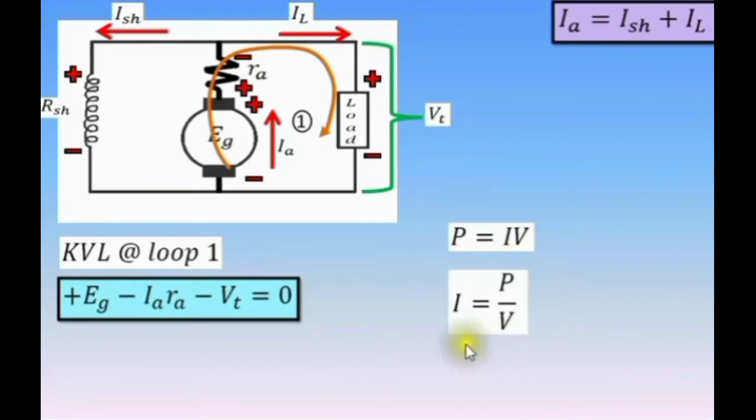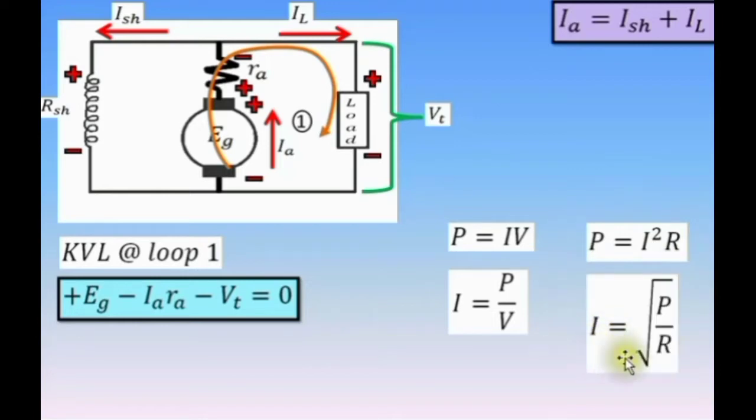We have current is equal to the power divided by the voltage, or the power consumed by the load divided by the terminal voltage. Another way to determine the load current is by using this formula. Power equals the square of the current multiplied by the resistance, if the power consumed by the load and its resistance are given. Deriving this equation, we have current is equal to the square root of power consumed by the load divided by the resistance.